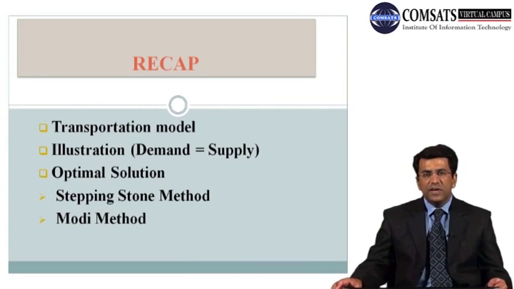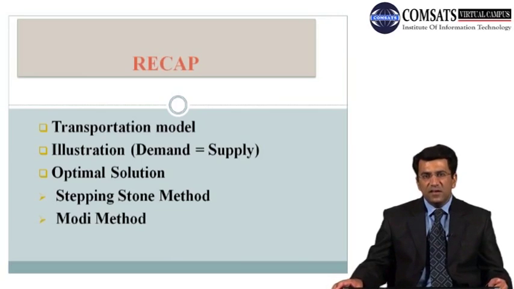And again, if you use the stepping stone method for this optimal solution, then you'll have to find the improvement indices. The criterion of optimality is that the improvement indices for all the unoccupied cells, or the empty cells or the non-basic cells, should be positive.